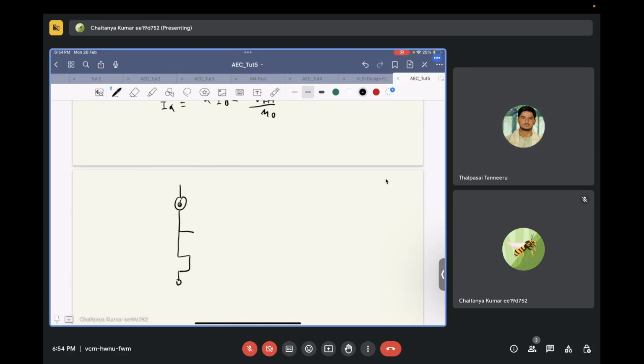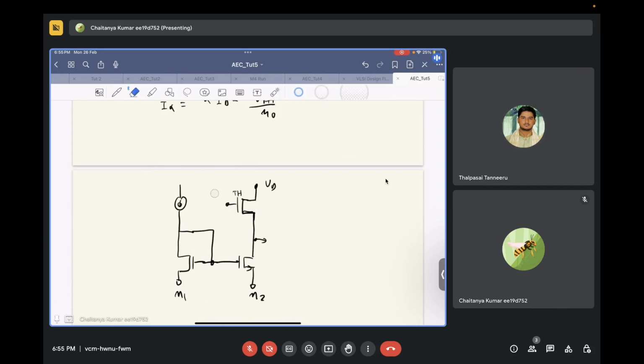you had this, right? This was M1. This is M2. And then you had this transistor which had 2 VGS minus VTH, and then you had VD. And what was this voltage?